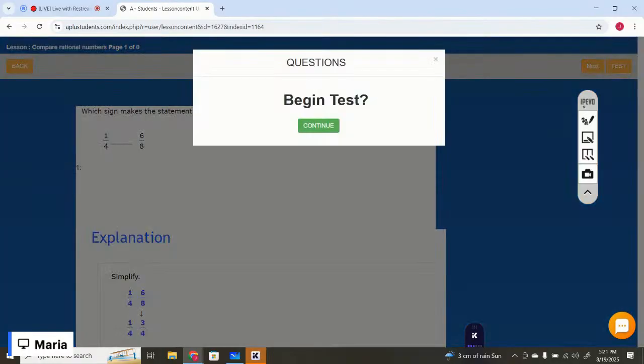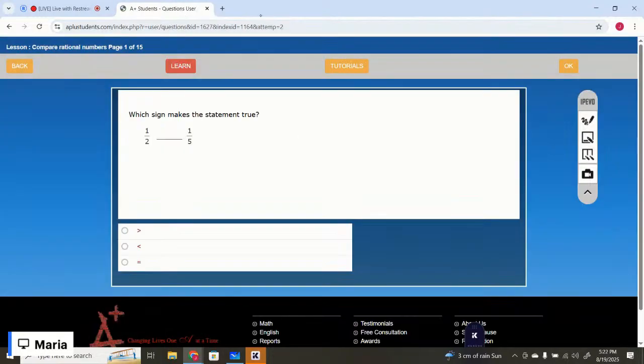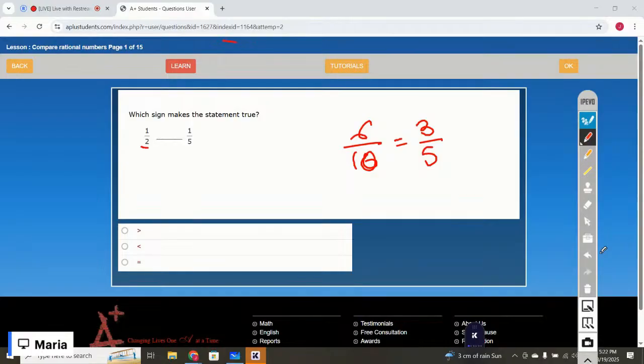Let's just start with the test question. Which sign makes the statement true? Let's just make the denominator the same. 2 times 5 is 5 over 10 and 2 by 10.